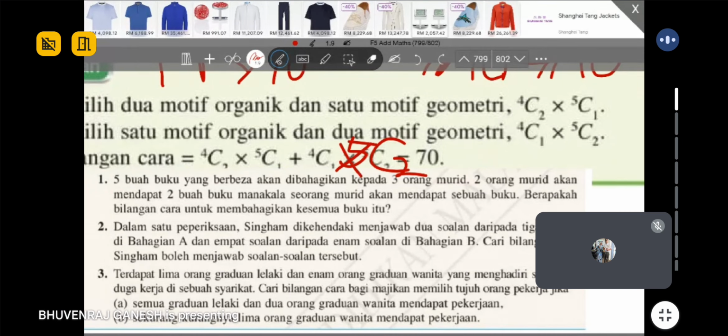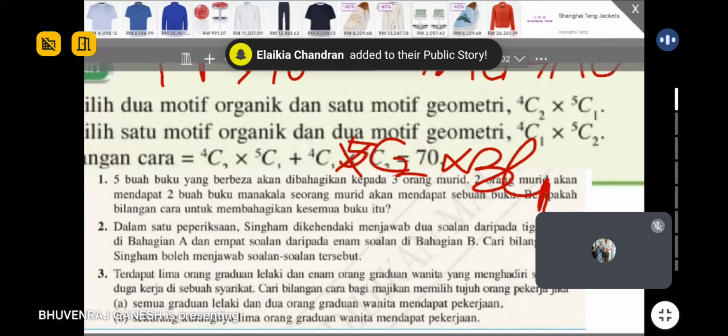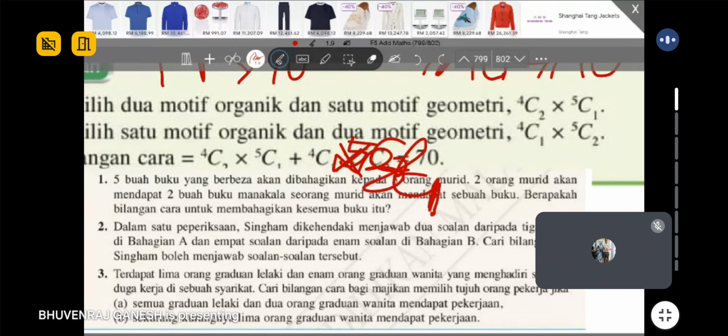So you times with 3C1. Okay? Are you all clear? Boleh dapat? So the answer is 5C2 times 3C1 only. The answer is 30. Okay, 30. Are you all clear, guys? So the answer you should get is actually 30 for this question. Okay? So yeah. All right.